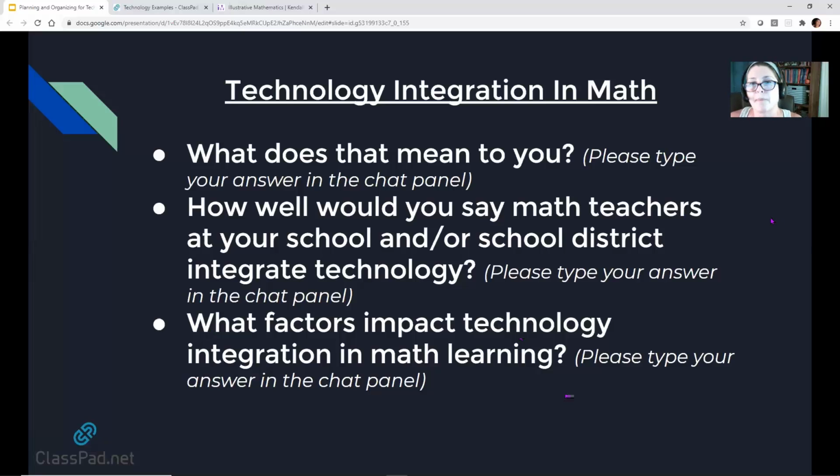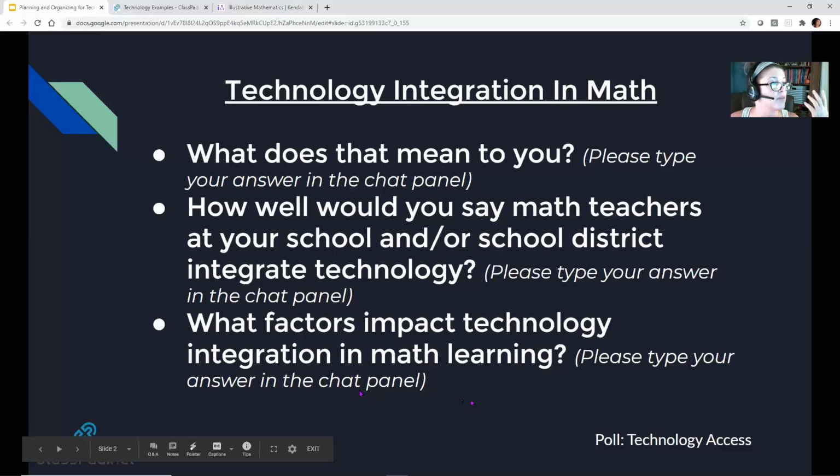One big factor is the access to the technology. Think about the schools that you are in, or the schools that your children are in, or the schools that you work with. And this is my last poll, I promise, and then we're going to start doing some stuff. What is the technology access? That's a huge factor too.